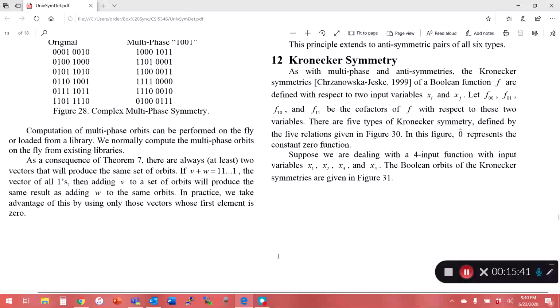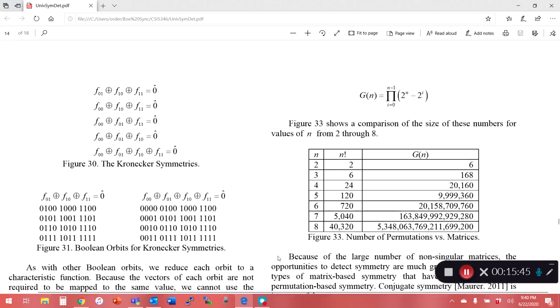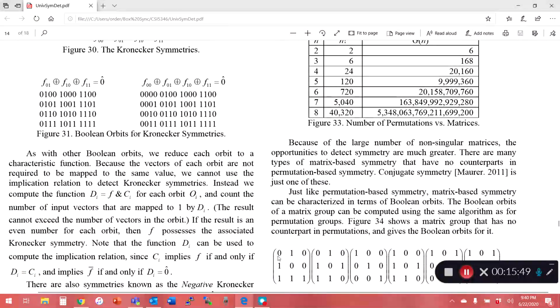All right, so we're talking about Kronecker symmetries, the 5 different ones. There are Boolean orbits for them. Here's an example of them for 4 input functions, for 2 of the 5. We can't simply check for implication or non-implication.